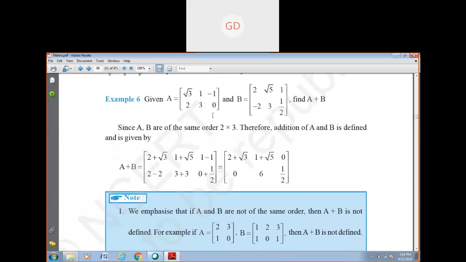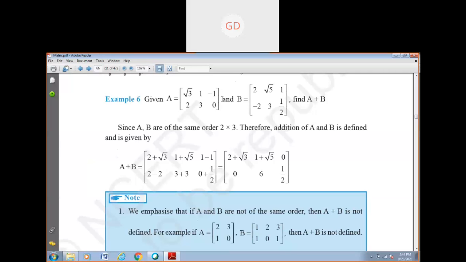Why must the matrices be of the same order? Because if we observe this example, suppose in matrix A there is another column here. Just imagine, 1, 2, 3, 3 columns are here, and imagine another column.